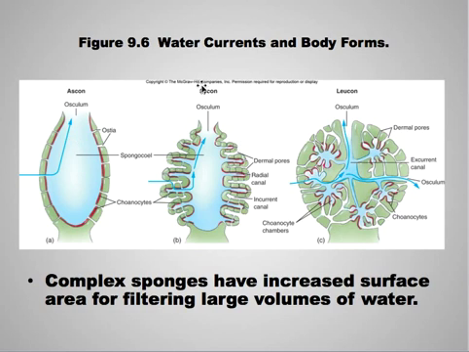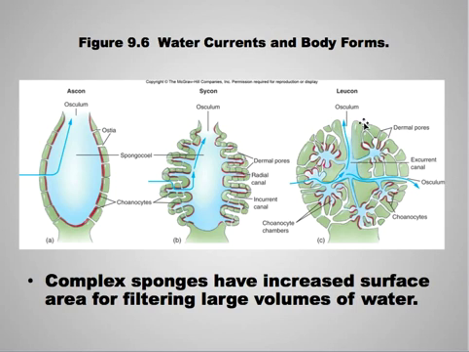In the syconoid form, you have a little more elaborate pathway, with water coming in, dropping down, and then up through. So there's a greater likelihood they will filter the water more efficiently.